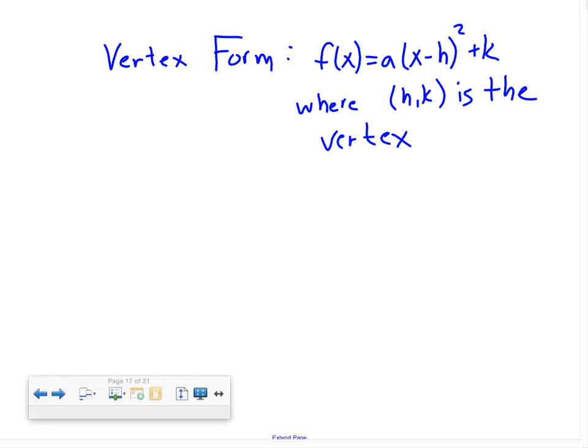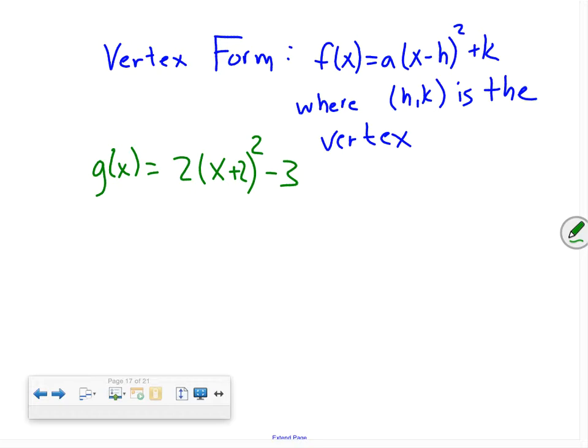So let's start off. I'll write a couple of equations in vertex form, and we'll go ahead and pick out the vertex from them. So let's say we had g of x equals 2 times (x plus 2) squared minus 3.